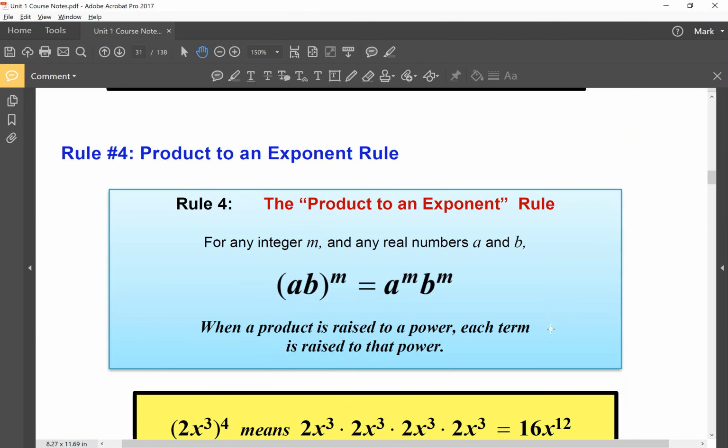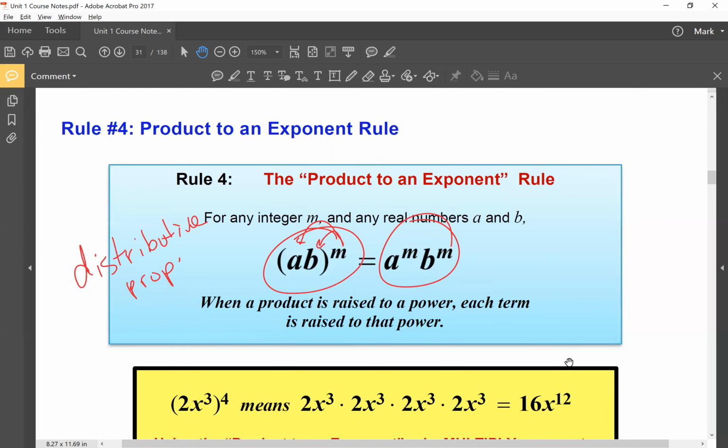The other rule is, if I wrote something like this, it's just like the distributive property. That m, because it's outside the brackets, gets distributed out to each of these terms. So look at this one. I love this example.